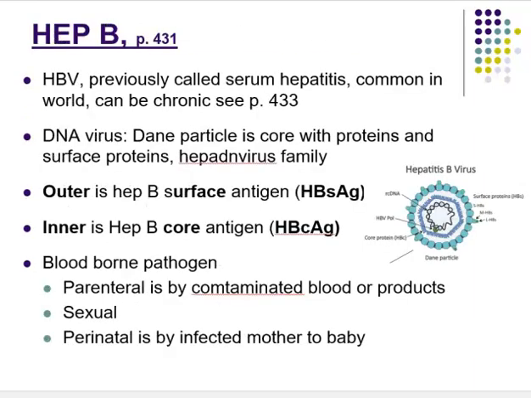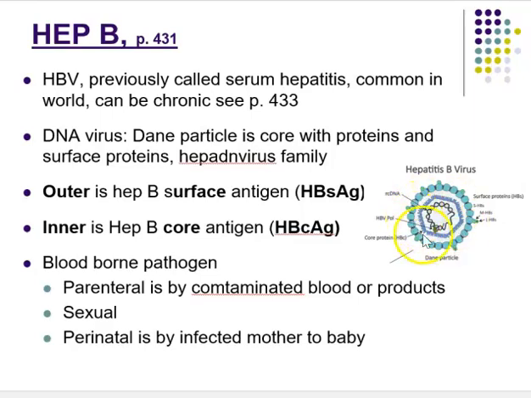Now let's discuss Hep B, also known as HBV. It was previously called serum hepatitis. It's common throughout the world, and it can be chronic. Hep B is a DNA virus. The DNA is contained within a Dane particle. If you look over here on the right-hand side of the slide, you see an example of what the Hep B virus looks like, and this is the Dane particle.